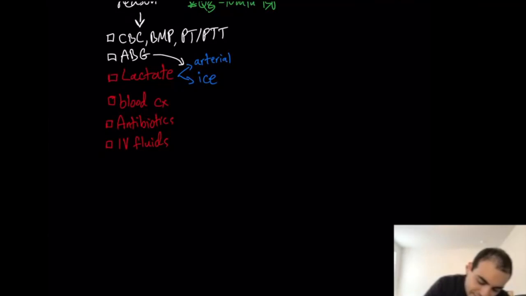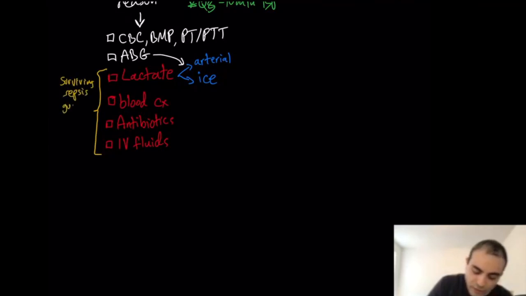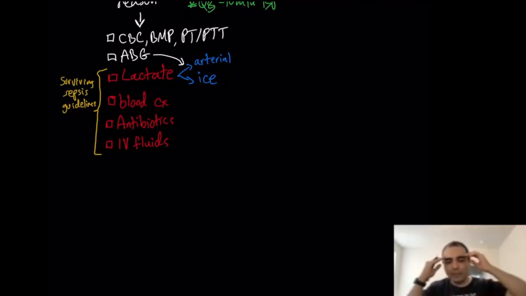You see these 4 guys right here? These 4 measures are part of the Surviving Sepsis Campaign in the United States, and part of the Surviving Sepsis guidelines. Which means if you write the word sepsis in the note, or if somebody mentions the word sepsis, and you don't do these 4 things, especially with somebody who's hypotensive, you as the intern or the resident, whoever is taking care of this patient, will get a notification, because the administration will know.